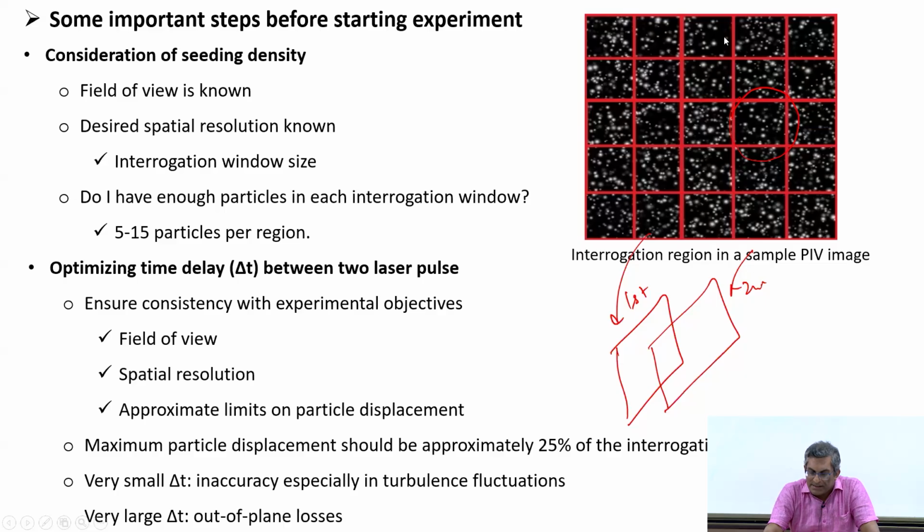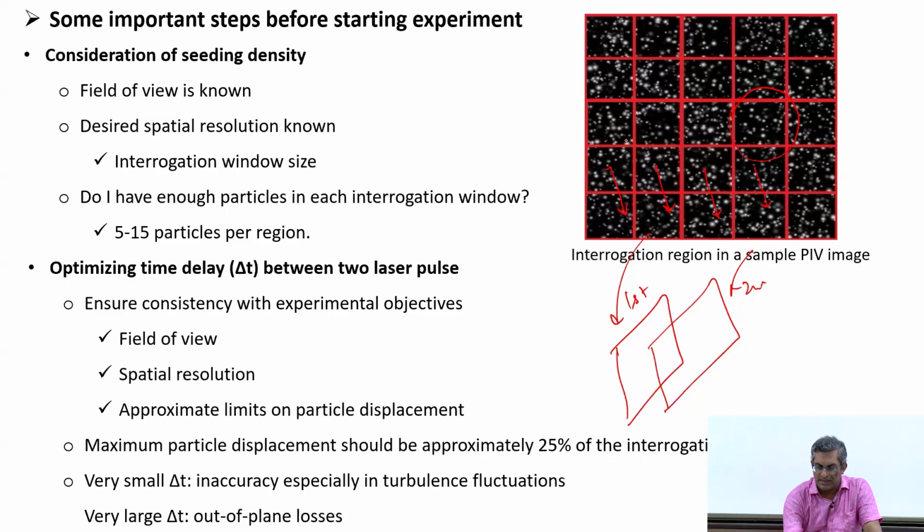Now, this basically decides the spatial resolution of your PIV measurement. What does that mean? Essentially you will get PIV vectors like this, which are defined at the center of each interrogation window. So, this effectively fixes your spatial resolution of velocity measurement, that is, how close you can make the velocity measurements, how close the neighboring points can be.